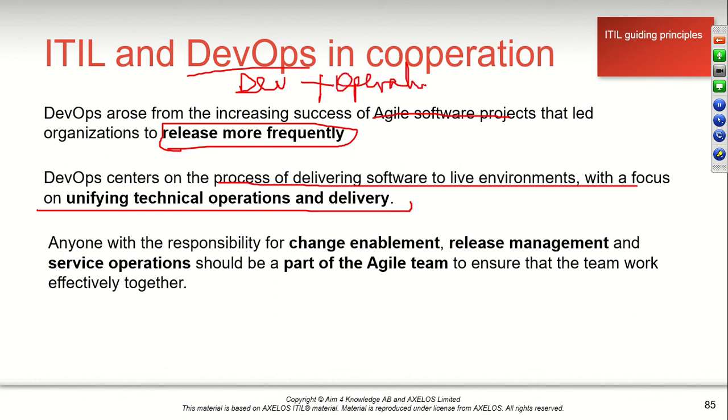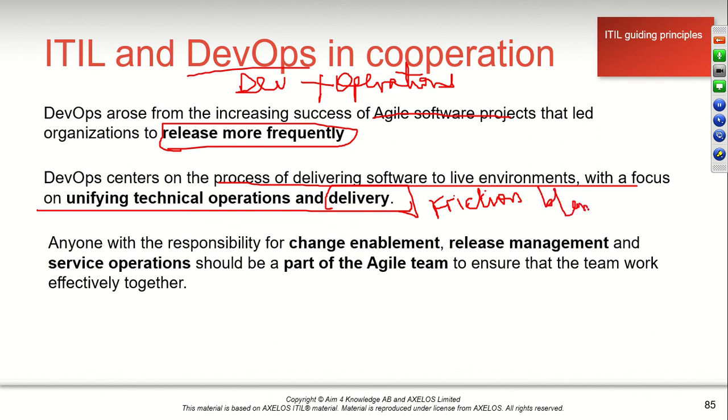So the development team in this context is regarded as the delivery team, the people that deliver the software. And the operations team is the technical operations. So DevOps is about unifying technical operations and delivery, or what you call the development team, to ensure that the software is being delivered to live environments without friction. Because if you do not unify them, there will be friction, there will be a lot of bug passing, a blame game.